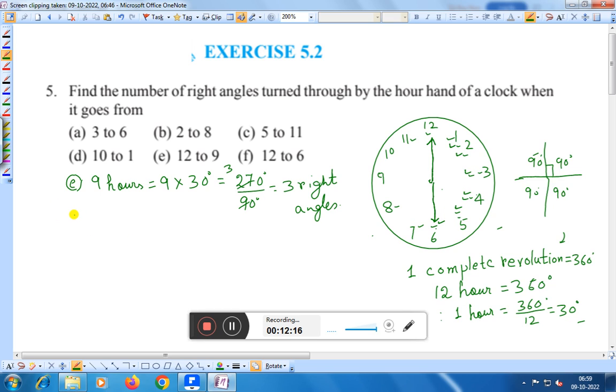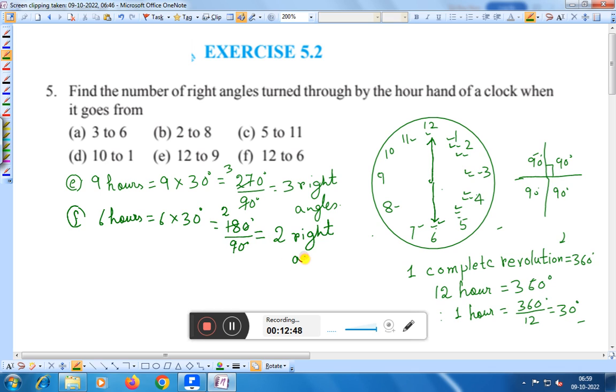Now question number F is 6 hours. 6 hours means 6 into 30 degree, that is 180 degree. If we divide 180 by 90 degree, we are getting 2, 9 18. That is equal to 2 right angles.